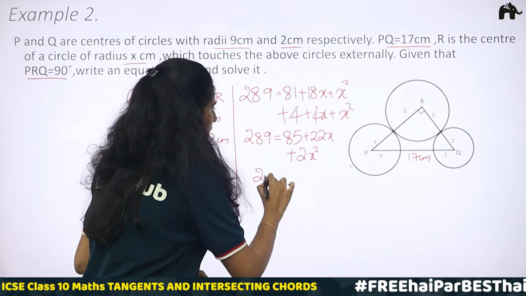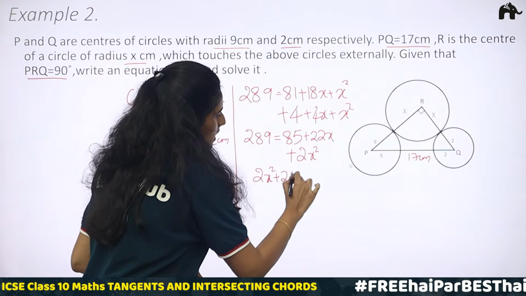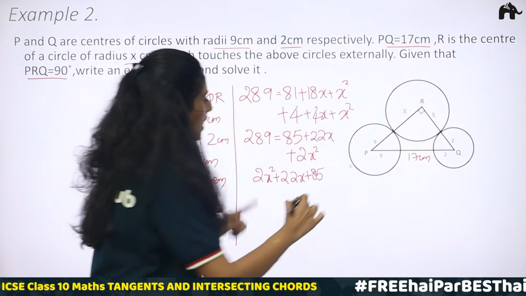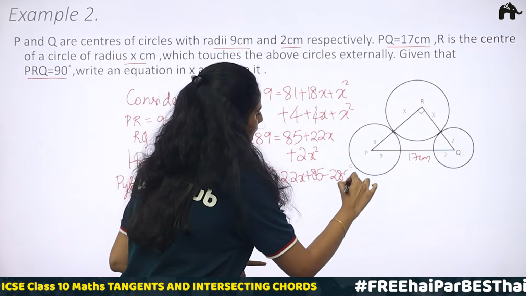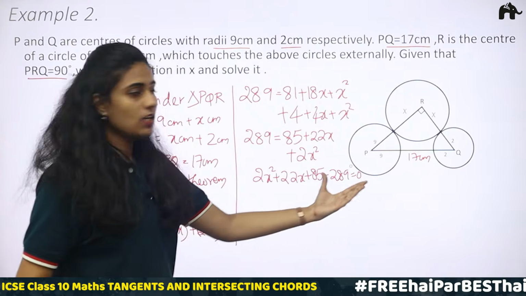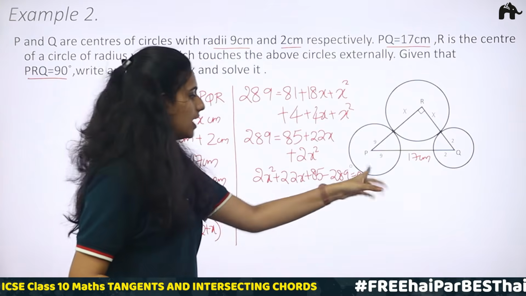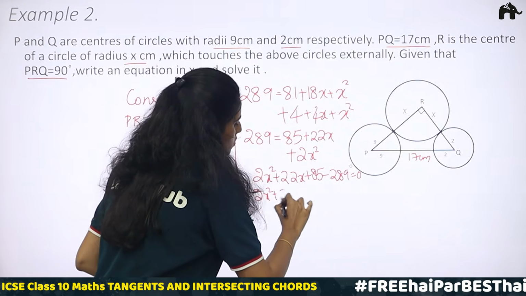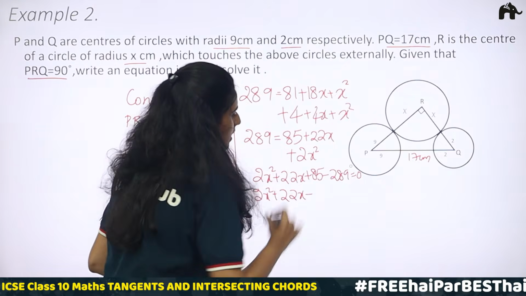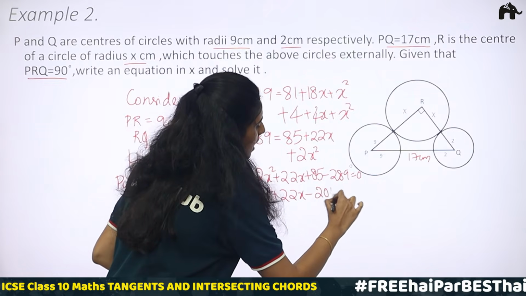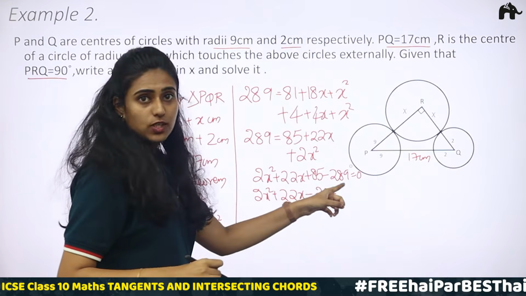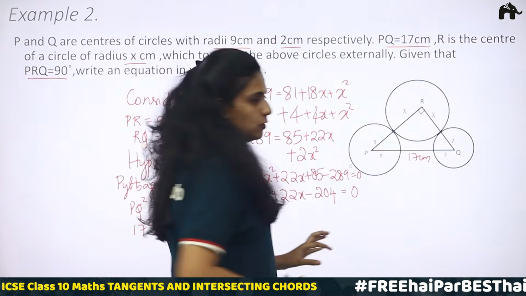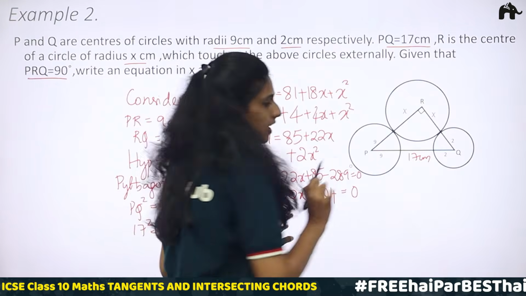That is 2x square plus 22x plus 85 minus 289 will be equal to 0. We are taking all the terms to one side and on the right hand side we are making 0. 2x square plus 22x minus 204, since 85 minus 289 gives minus 204, is equal to 0. So this is the required equation.